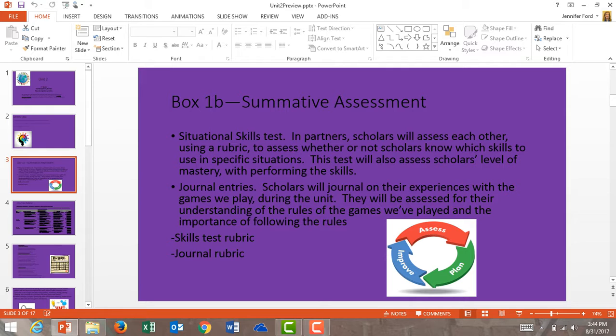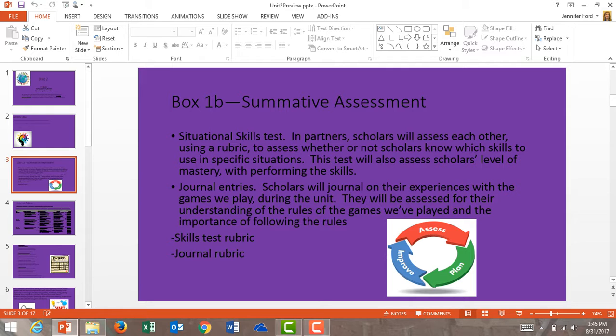Honestly, guys, it's a matter of just walking around, watching them as they're writing, looking at these journals, and making sure that as they're writing, they're having an understanding. Because if they're thinking that it's okay to push people down in the middle of a tag game, okay, we probably need to work on that. I know that's an extreme example, but just kind of a thought.